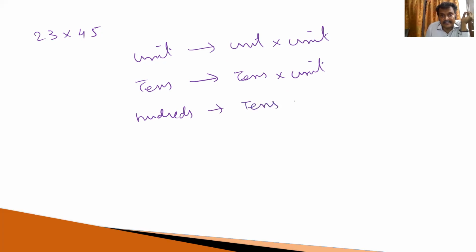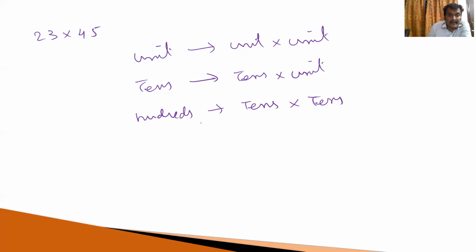Tens digit into tens digit. So suppose 2 into 2, that is equal to 4, that is the unit digit. If you want the tens digit, it is tens digit into unit digit. 10 5 times is 50, 10 6 times is 60, 10 2 times is 20, 10 3 times is 30.